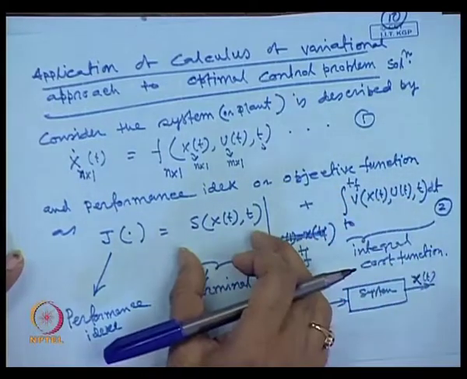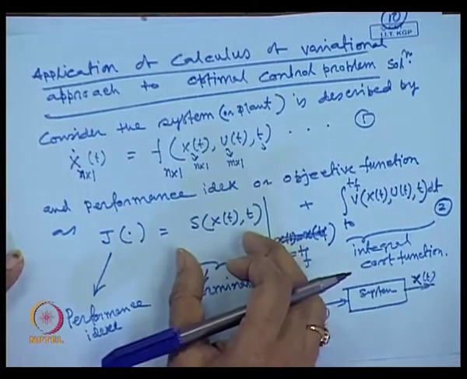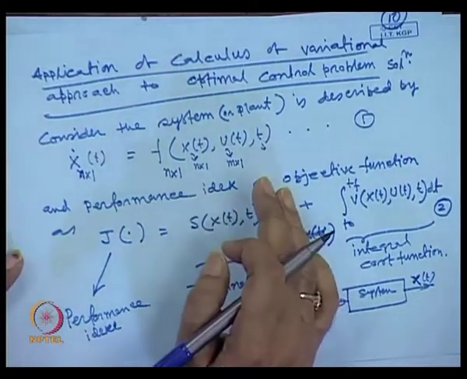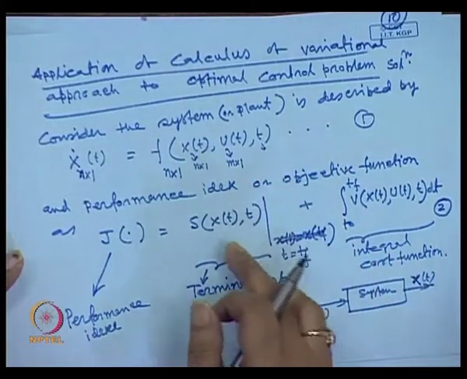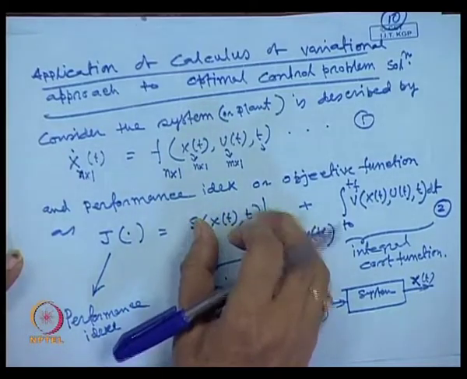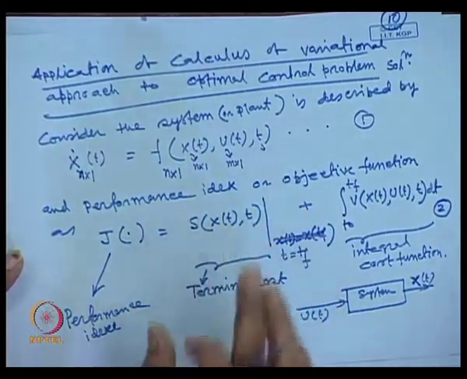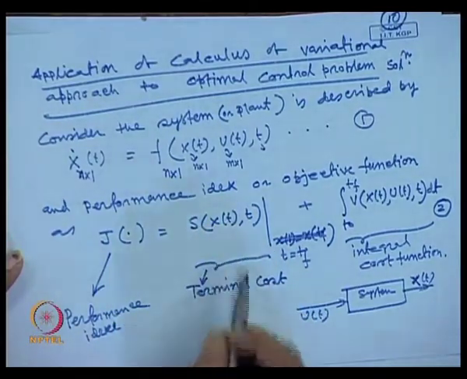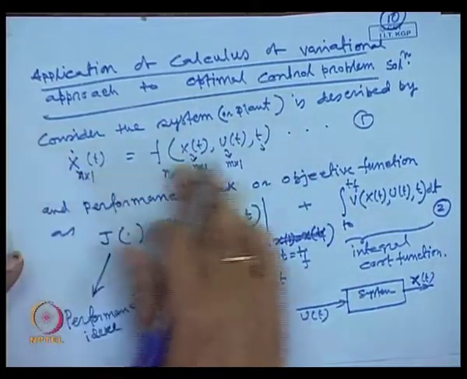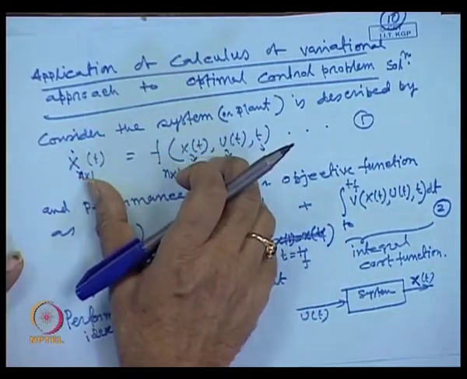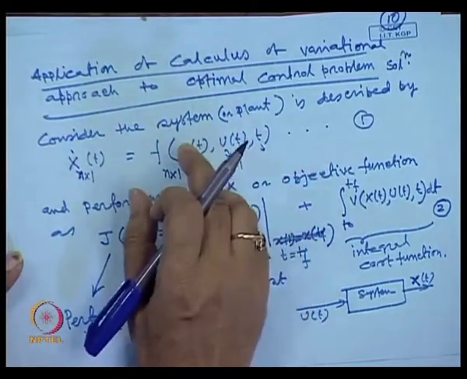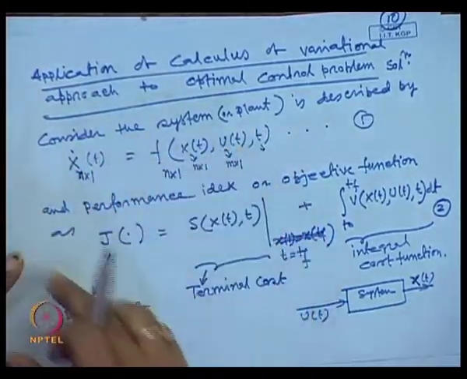But in addition, there is another term, which is called the terminal cost, and that can physically represent the final state of the system, in quadratic form, and that quantity must be positive. Not only this, there is also an equality constraint, and this equality constraint is nothing but the dynamic equation of the system.